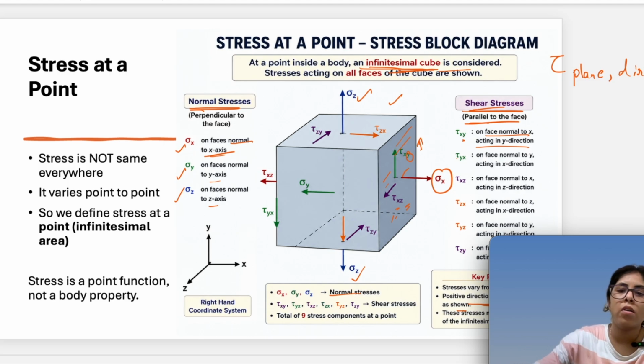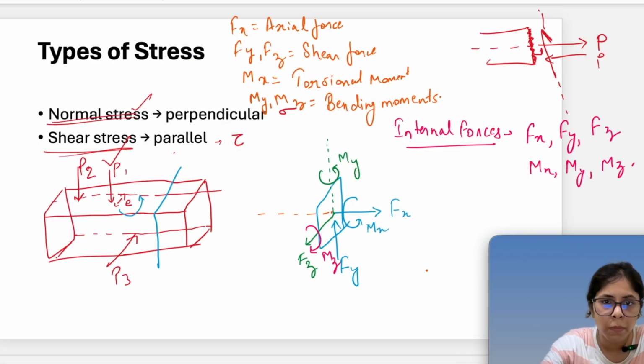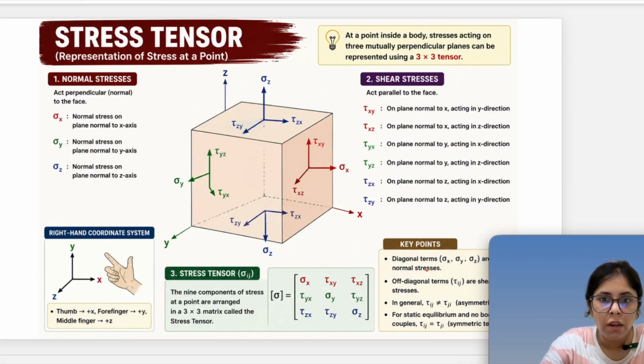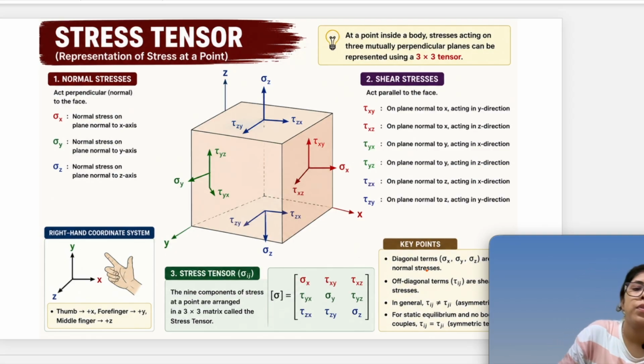Now let's move on. Having studied stresses, we now have the stress tensor. It is a representation in matrix form of all the stresses at a point, normal stress and shear stress.